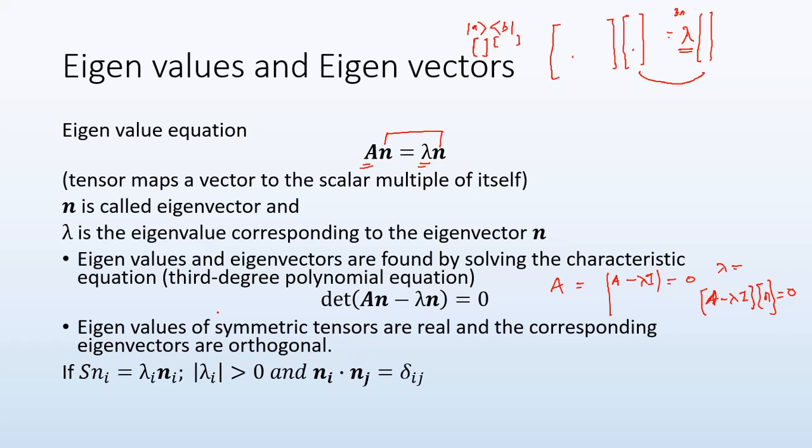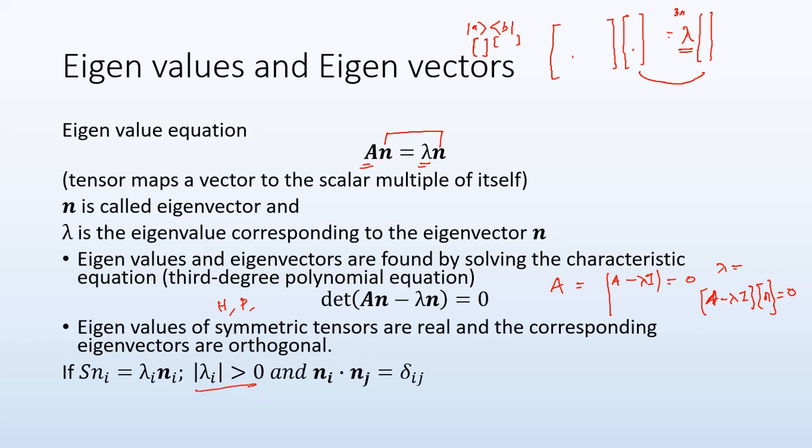In quantum mechanics, every observable, such as the energy operator Hamiltonian H, the momentum operator p, the spin, the angular momentum, or any physical observable, is a symmetric tensor, and they will give you real eigenvalues. As they are symmetric, their eigenvectors will be orthogonal to each other. So eigenvalues are real; they can be negative, positive, or 0, but cannot be complex.